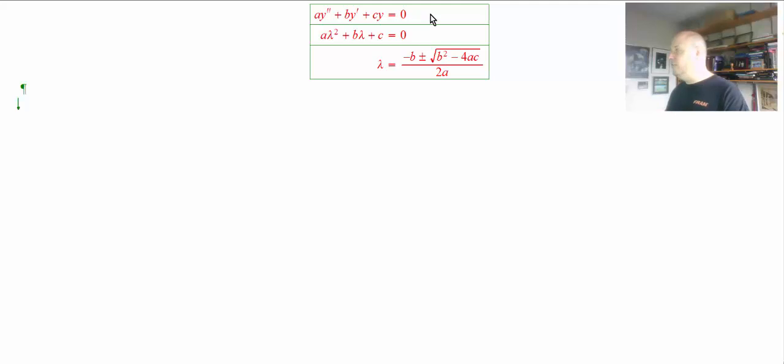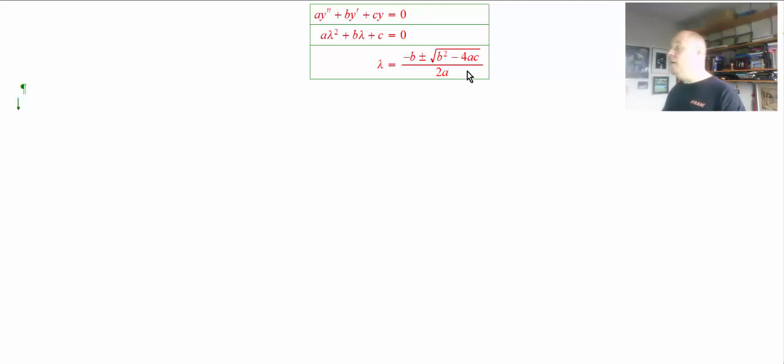Let's do the easy case first. If I have real and the same, then the thing under the square root sign is 0, so my eigenvalues are minus b over 2a. They're both minus b over 2a. They're both negative. So if a and b are positive, the eigenvalue, in that middle case where they're the same, is negative.